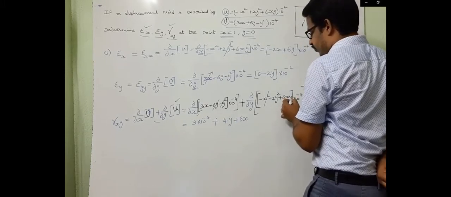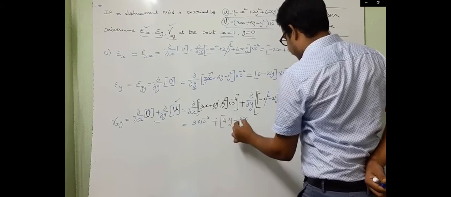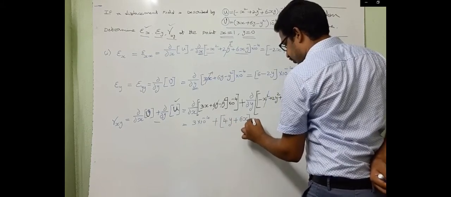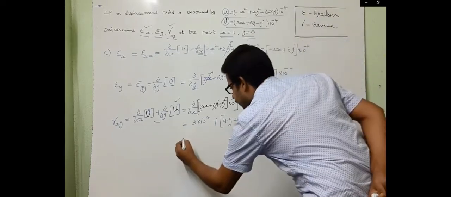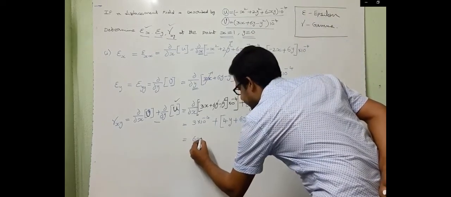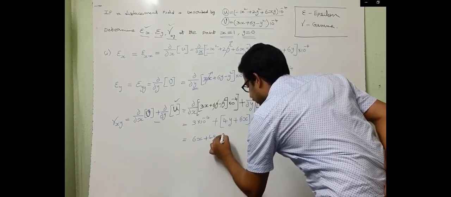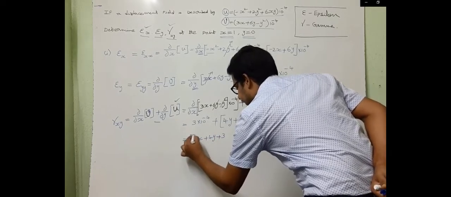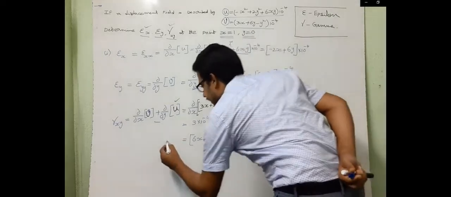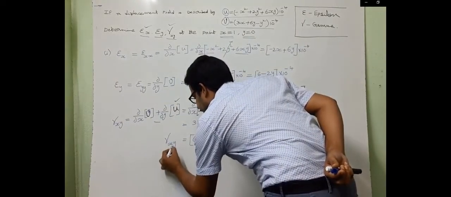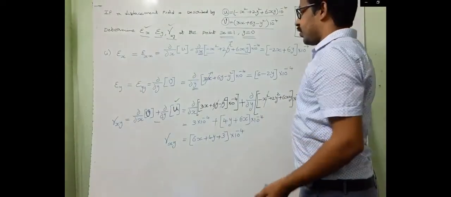So gamma xy is equal to 6x plus 4y plus 3 into 10 power minus 4.